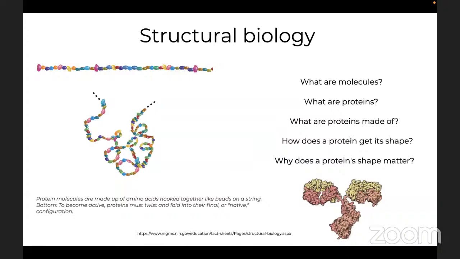Structural studies have also shown how misbehaving molecules make us sick, and as a result of these studies, we have prompted new treatments in many diseases.